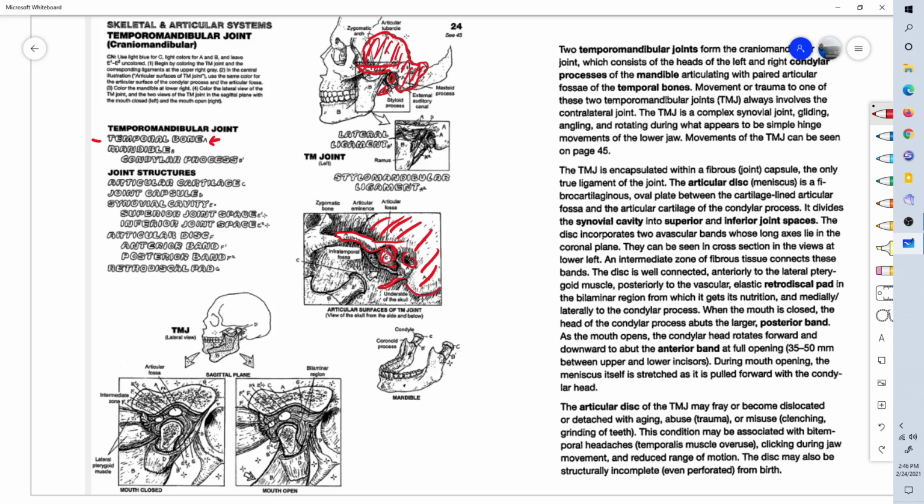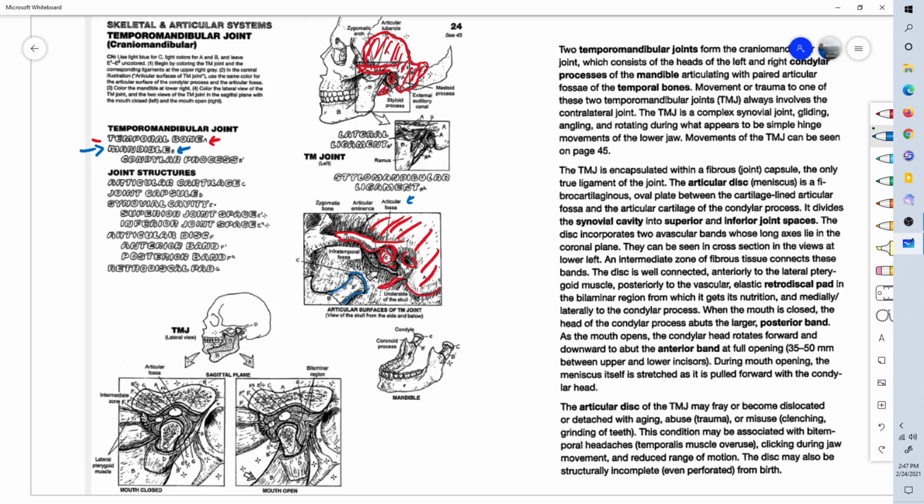The mandible will articulate with the temporal bone, the articular fossa of the temporal bone. And this is the condylar process of the mandible.